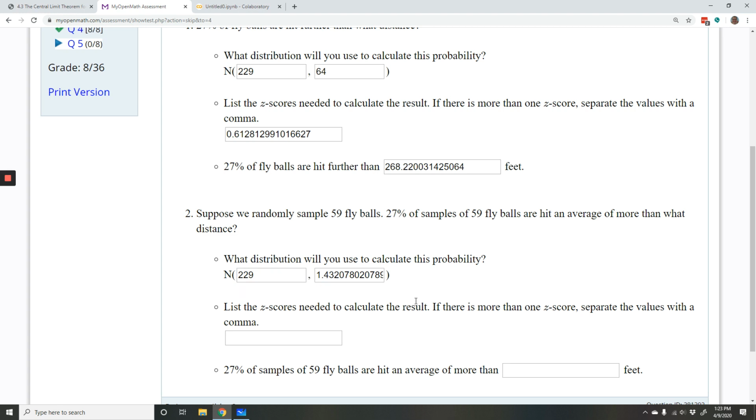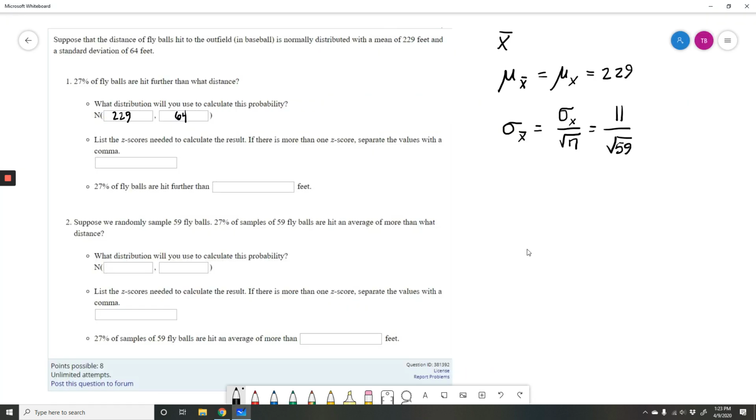Okay? Okay, now we want to calculate the z-score. We're going to do it almost the same way as we did in part 1, but we're going to use the mean and standard deviation that we have here for this distribution of samples. Okay? So same idea. By the central limit theorem, all those sample means are normally distributed.